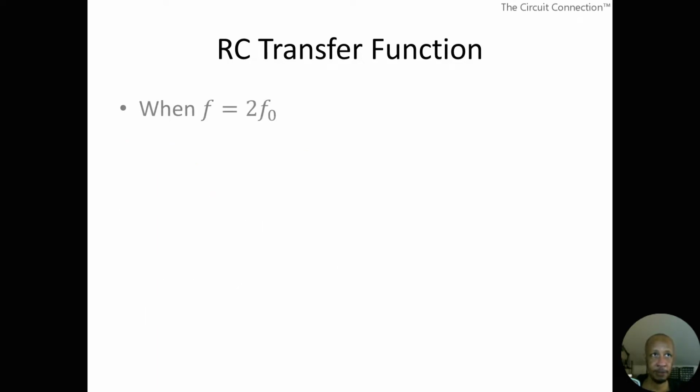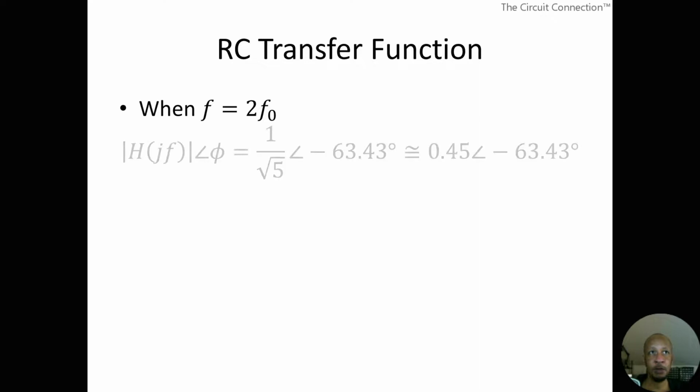Next, when F equals 2F0, all of this is going to be the same as when you were using W, but we go over it again anyways. You're going to have 1 over square root of 5 at an angle of negative 63.43 degrees, and that's approximately a magnitude of 0.45.